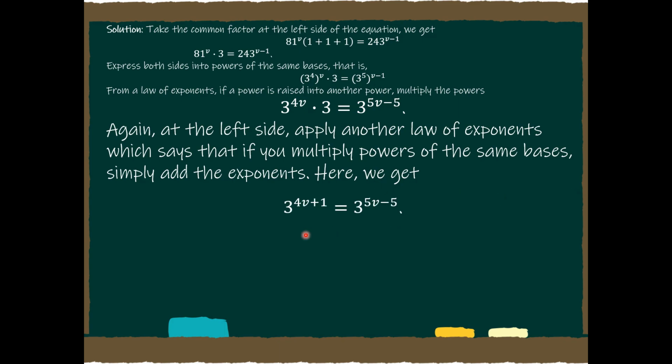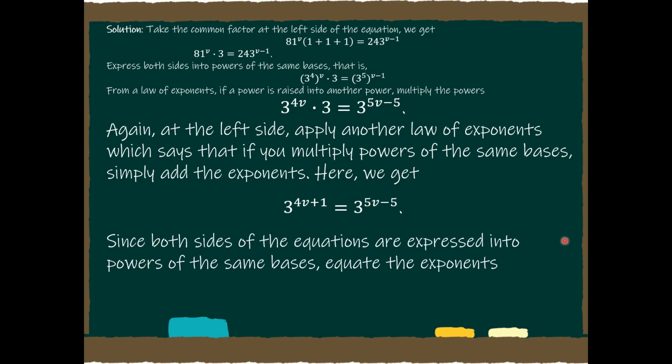Here we get 3 raised to 4v plus 1, because this 3 right here is understood to have an exponent of 1. That's why we have 3 raised to 4v plus 1 equals 3 raised to 5v minus 5.